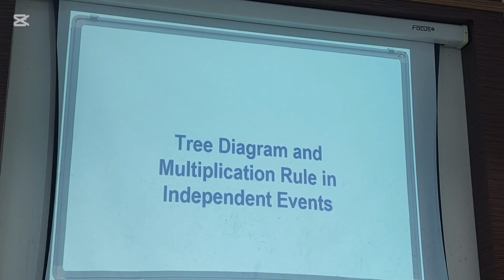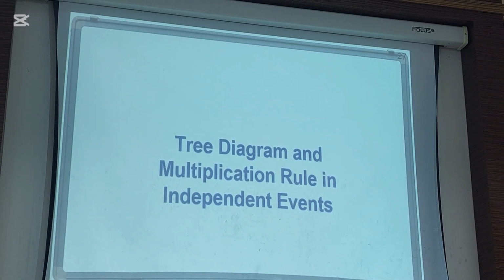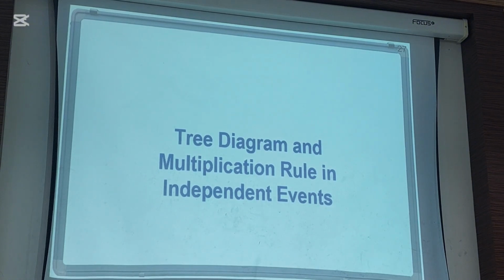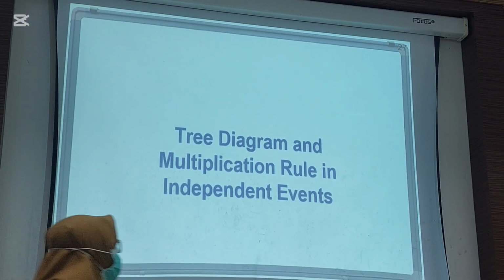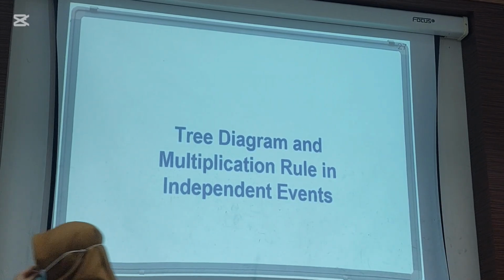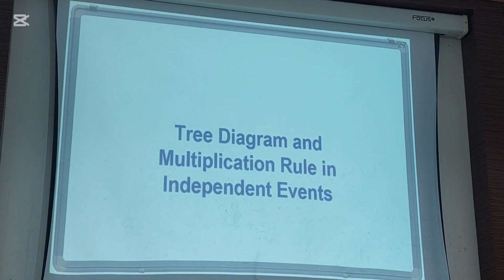Probability, law of probability. Now this is the new thing that we learn about: tree diagram and multiplication rule in the independent event. So an independent event does not depend on the other event.